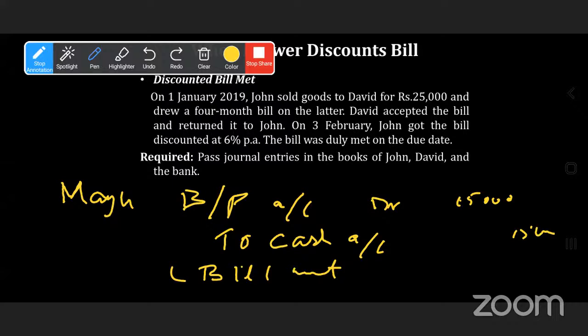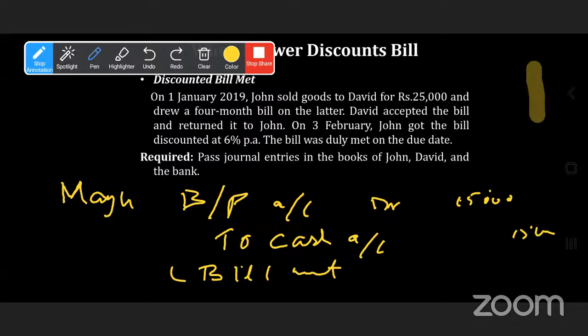We need not write any entry in the books of drawee about the transaction on 3rd February. What is the date of the second journal entry in the books of David? First one is January 4th and third one is May 4th.